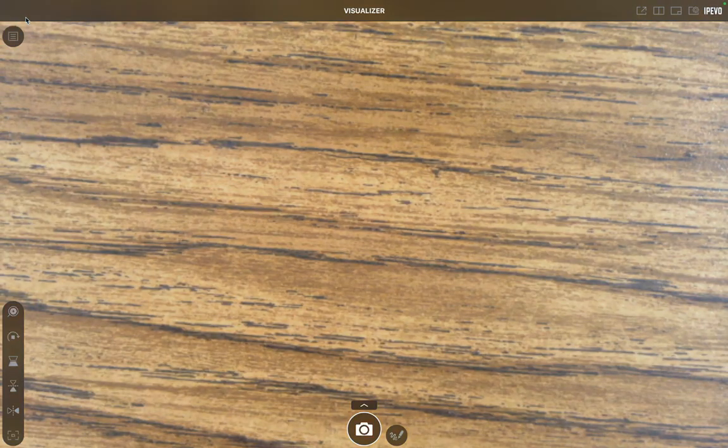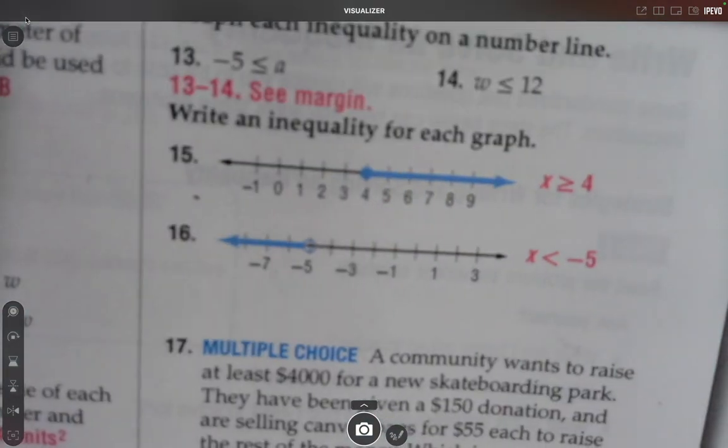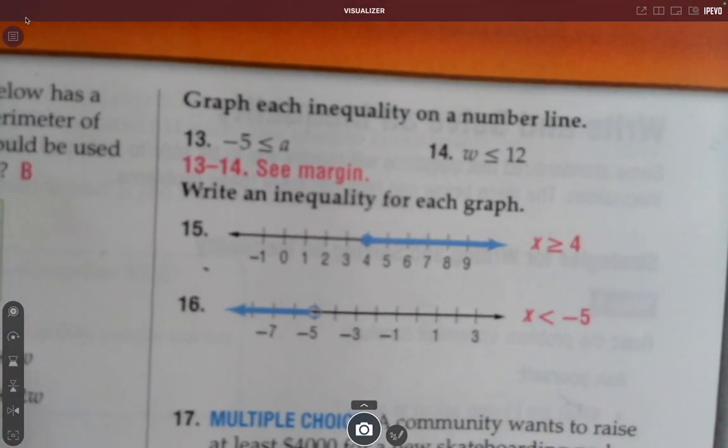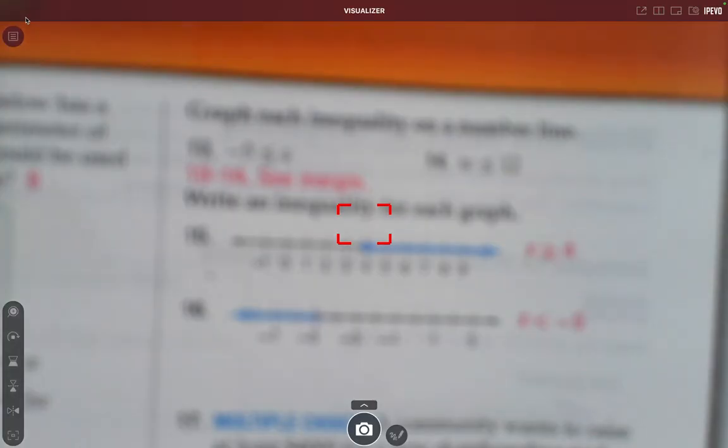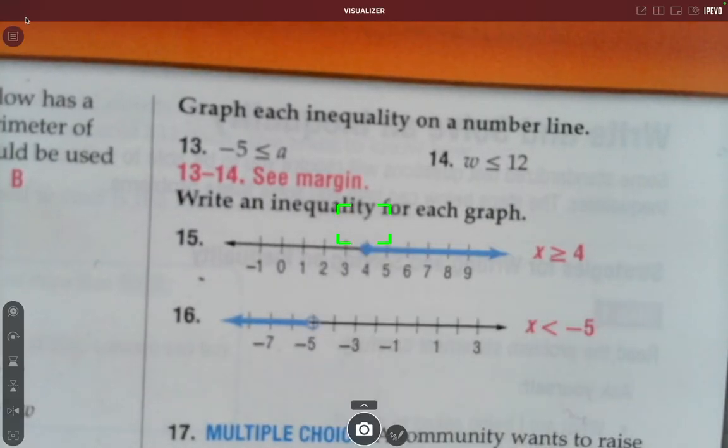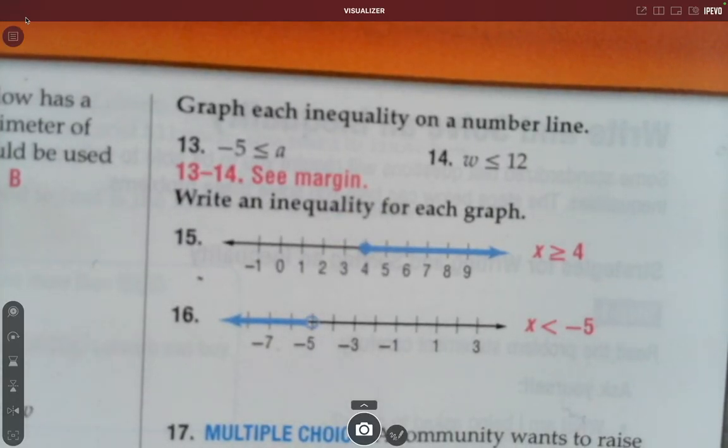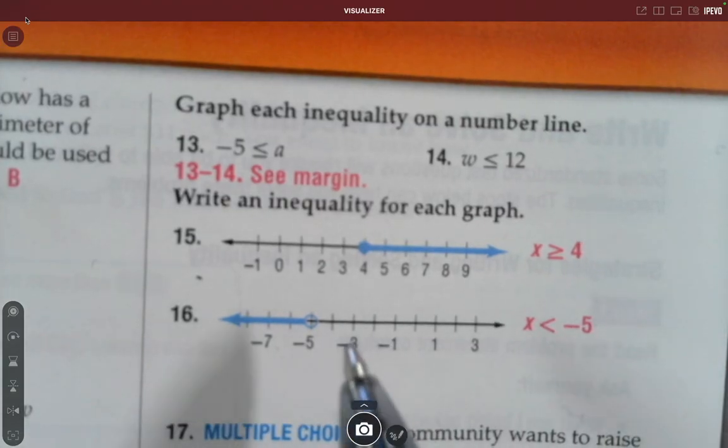Okay, on 15 and 16, I think it's easier to show it to you and talk it out. Okay, let's see if we can get that better. There we go. All right, so on 15, you always want to look and see where the point is, where it either stops or starts, however you want to think about it. And that's at 4.